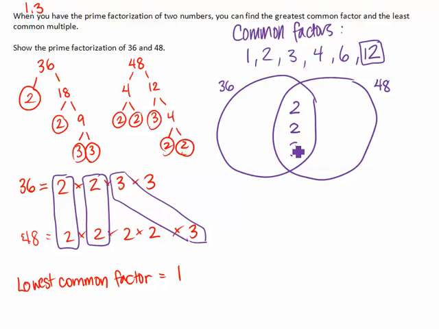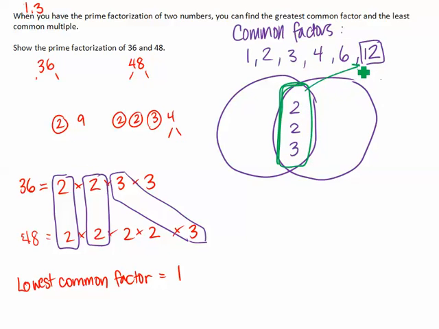So if I look at the middle part only, which I'll just change back to green, the middle part only is what we call the common factors. So 2 times 2 times 3 is common between the two of them, and that makes the product 12. The greatest common factor of 36 and 48 is 12.